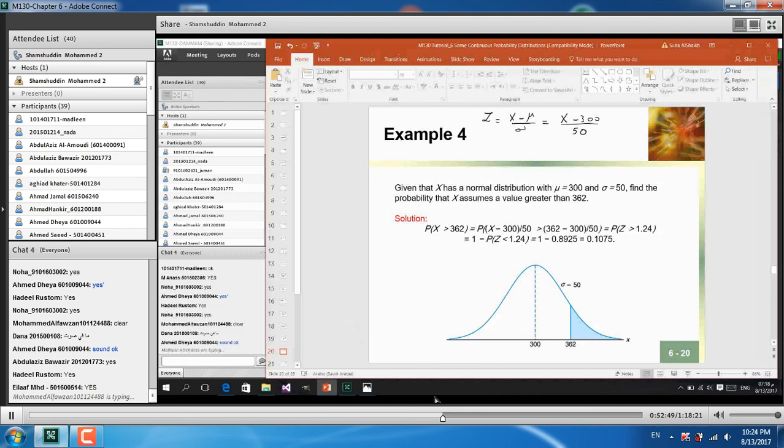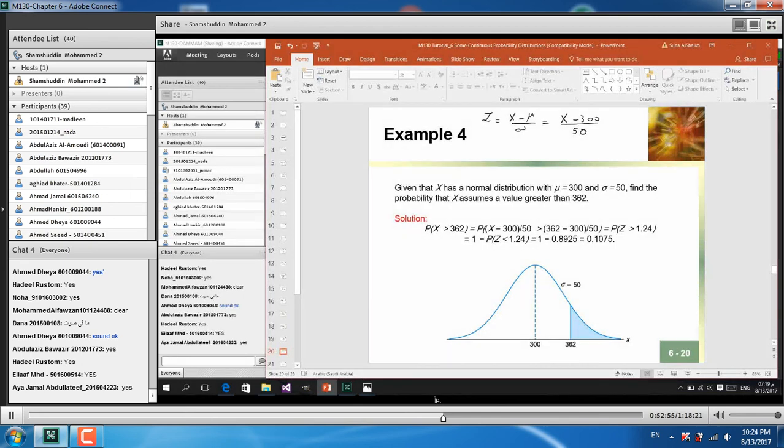Okay. So it is x minus 300 over 50. This is the rule I'm using. So find the probability x assumes a value greater than 362. So I'm looking for the probability x greater than 362. I don't want x, I want z.